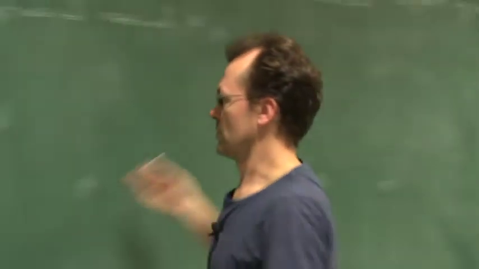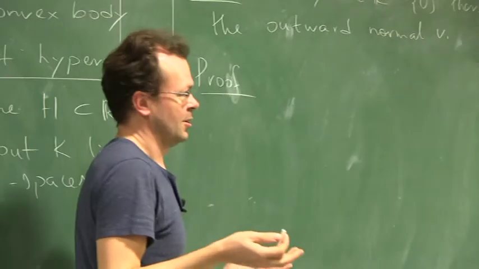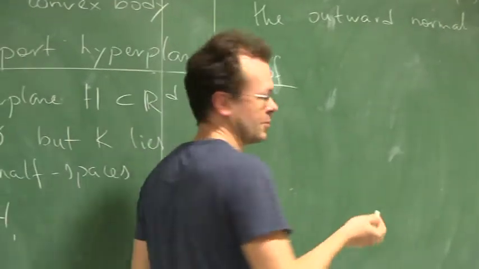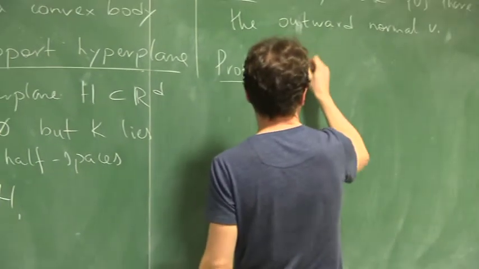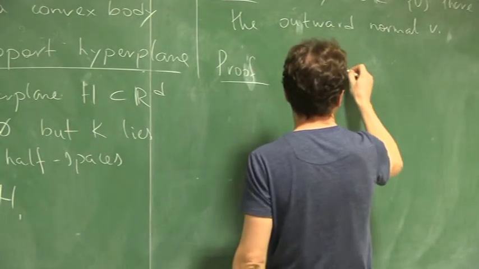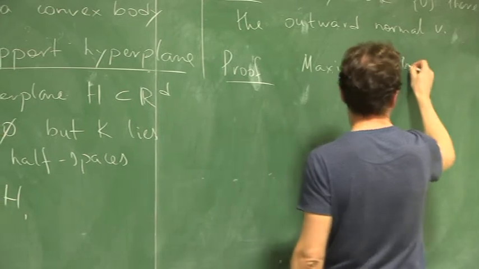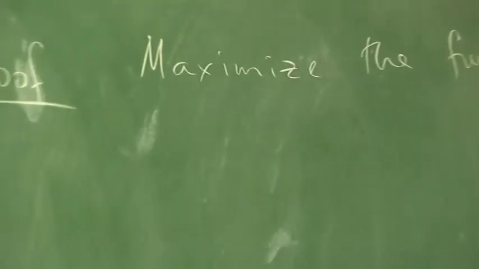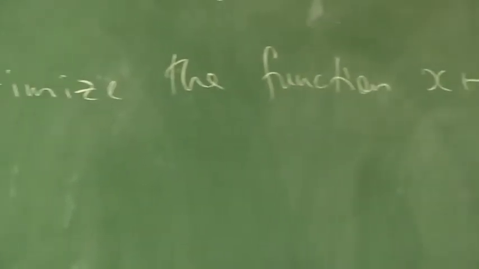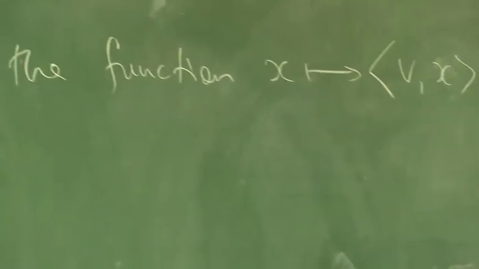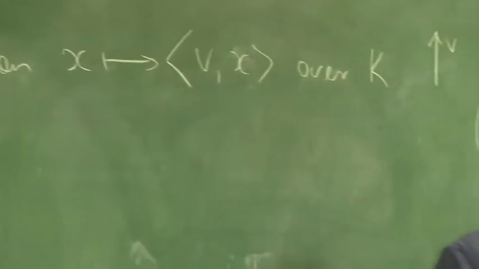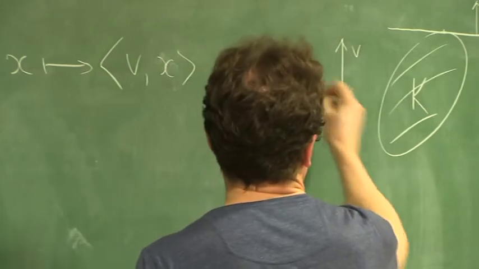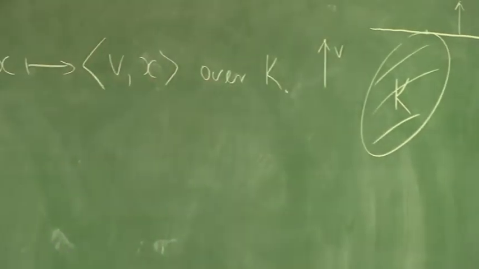Right, and the following proof is just what we are doing. We are maximizing a linear functional over the body K. So maximize the function x goes to inner product vx over the body K. So good.